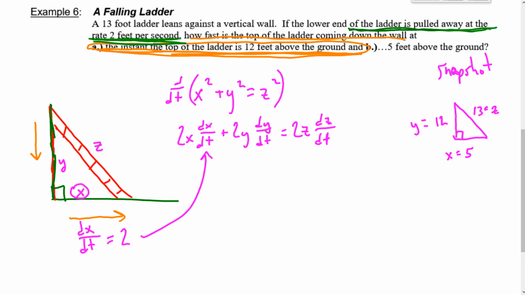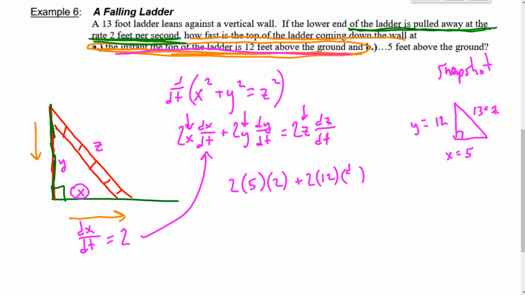So we're going to dump all those values into our related rate equation. Let's plug everything in and see what we're left with. We have 2 times x times the rate of change of x, which is 2, plus 2 times y times the rate of change of y, which is what I'm trying to find.